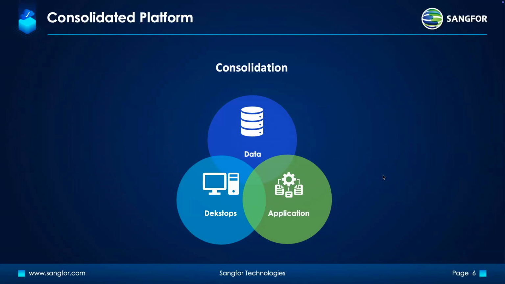So as you can see, these are the main three aspects that Sangfor helps consolidate: the desktops, the applications, and the data. Now everything is centralized, and as IT, you can manage everything from a single location while having full control and auditing what the users have been doing and what they can and cannot do, right?